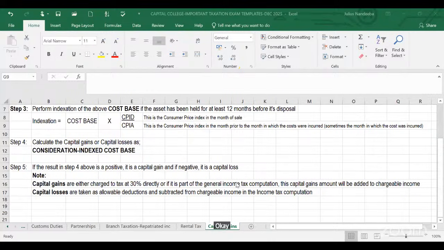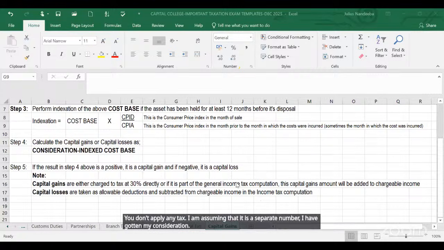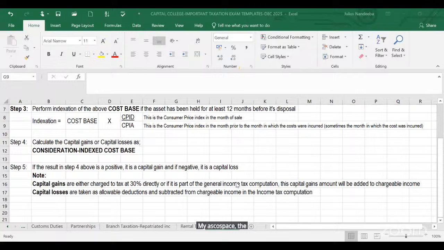Okay, so after you have gotten your capital gain or capital loss, the last is that you must be able to calculate the tax on capital gains, or if it is a loss, you don't apply any tax. I am assuming that it is a separate number. I have gotten my consideration minus cost base. The result is a gain, and I will go directly and apply 30%.